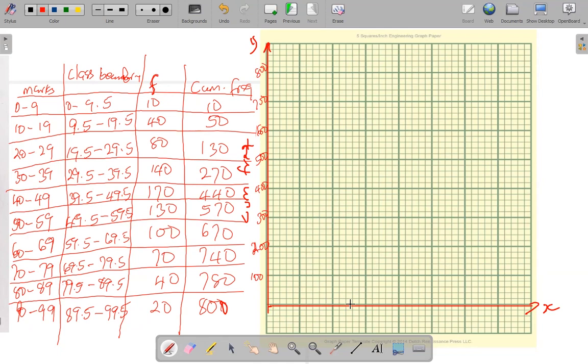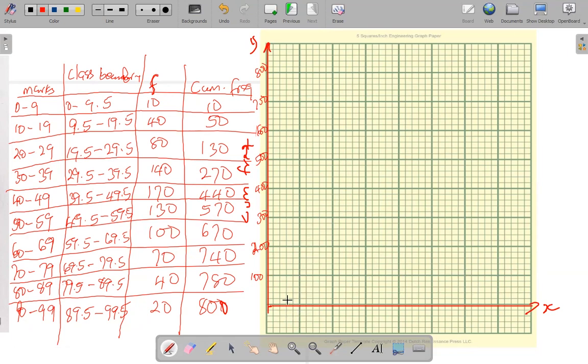Look at it: 1, 2, 3, 4, 5, 6, 7, 8. We have only 8, which means we can't use this bold line.